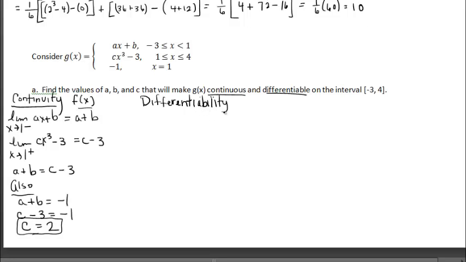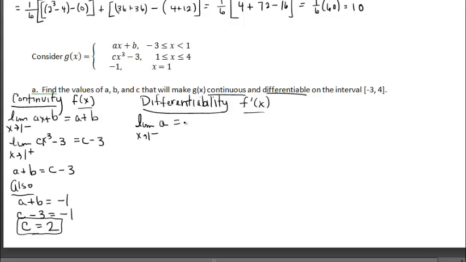All right, now it's time to turn our attention to differentiability, and what we're going to be looking at is the derivative of each of the pieces. So we're going to find the derivative, plug in x equals 1 to both derivatives, set them equal, see what happens. As x approaches 1 from the left, we're on this top linear piece. Well, the derivative is going to be a.